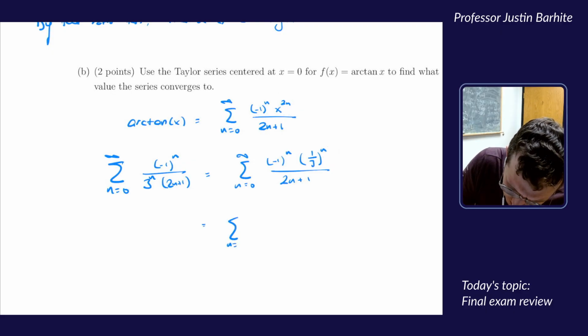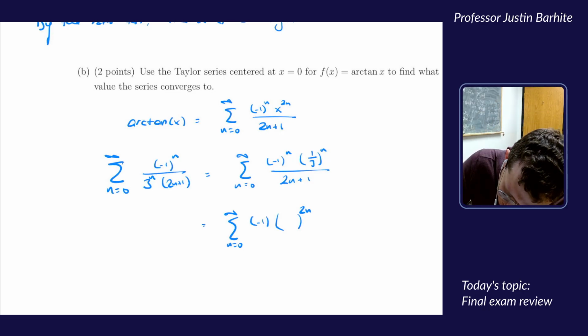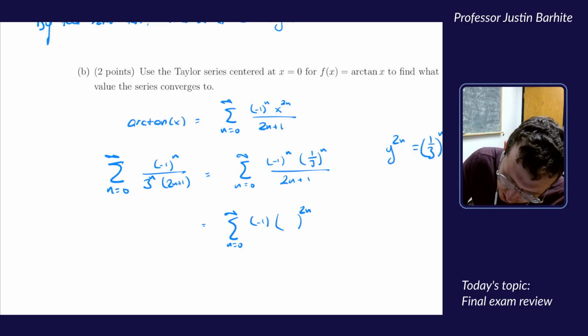So the way that I can fix this is, well, what do I need to put here? Right, what do I need to raise to the 2n in order to get the same thing as 1/3 to the n?